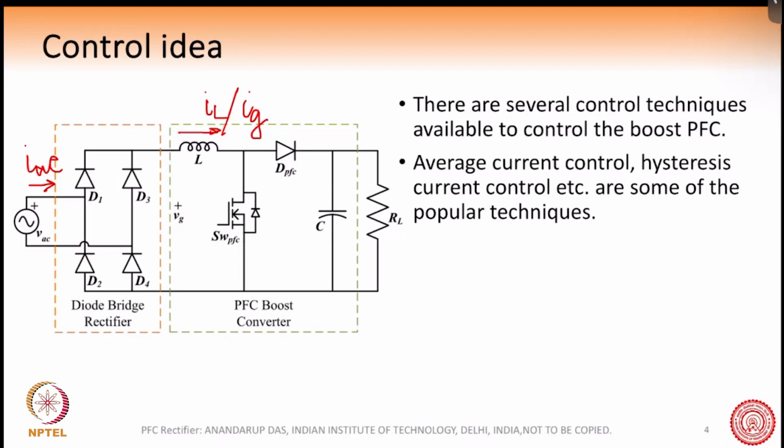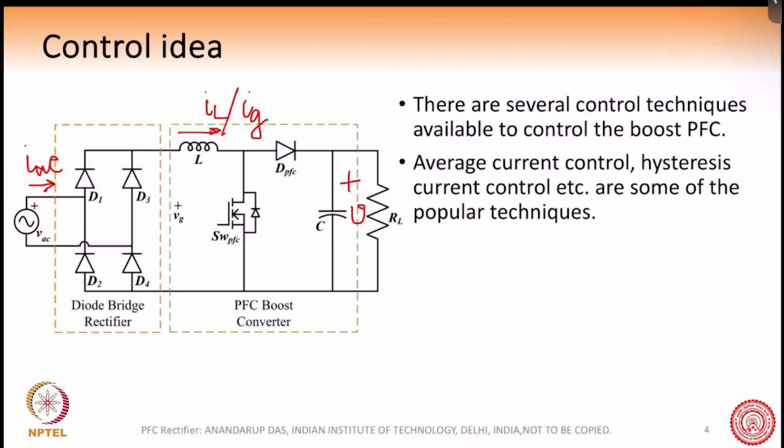Therefore, if we control IL or IG in a nice sinusoidal fashion, we will be able to control the AC source current nicely. Also, we must keep in mind that the output voltage V has to be kept constant.